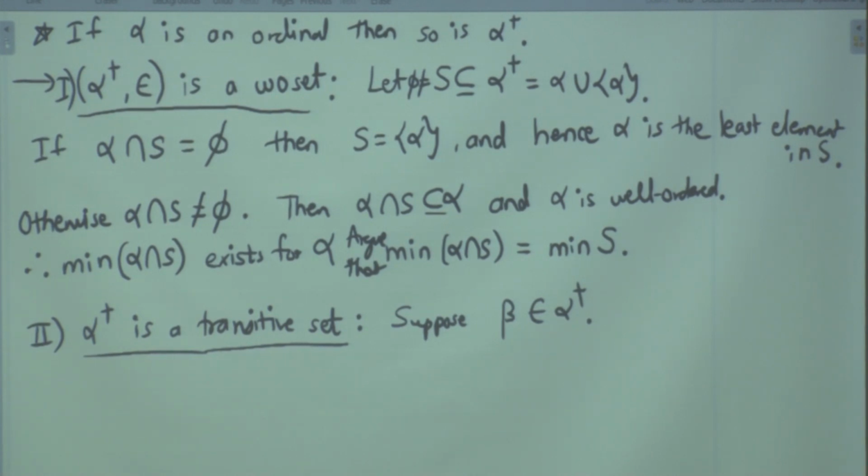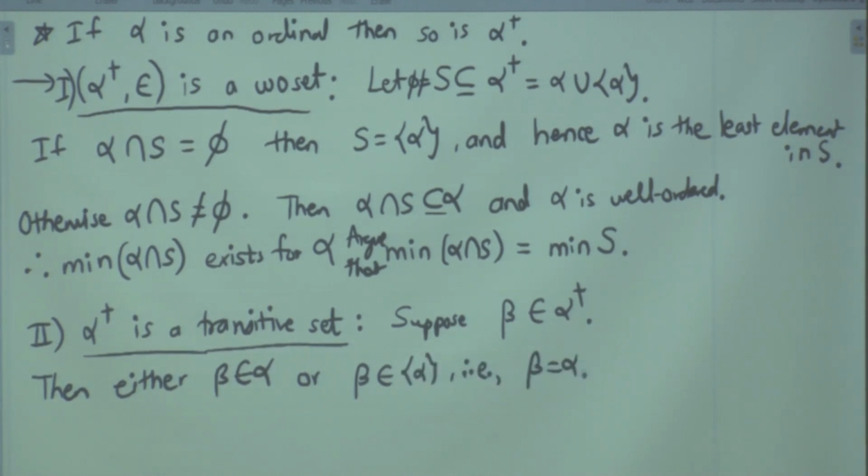Either beta belongs to alpha or beta belongs to singleton alpha, that is, beta is equal to alpha. Those are the only two possibilities.